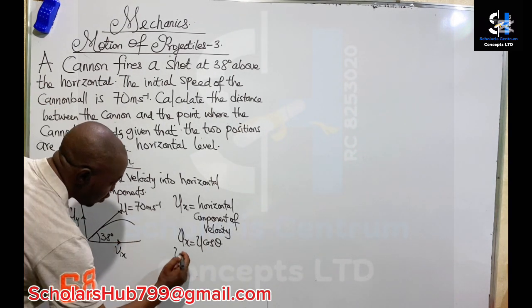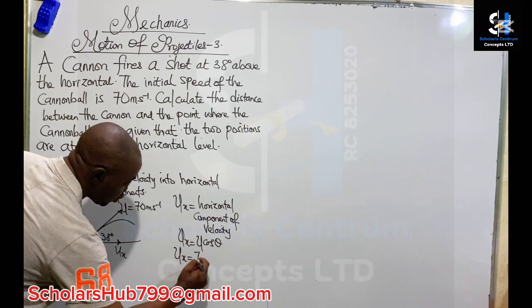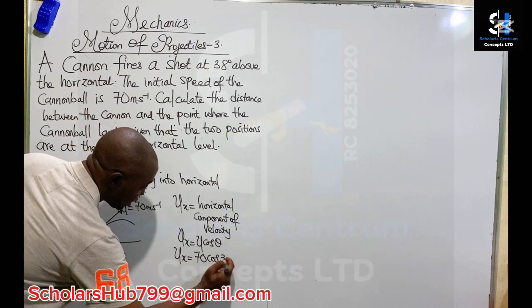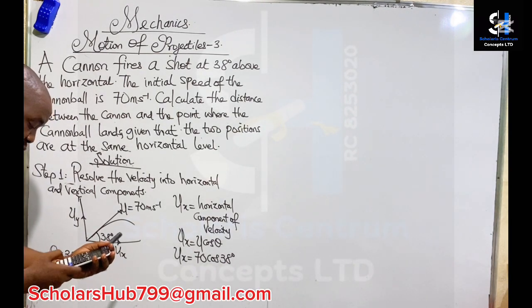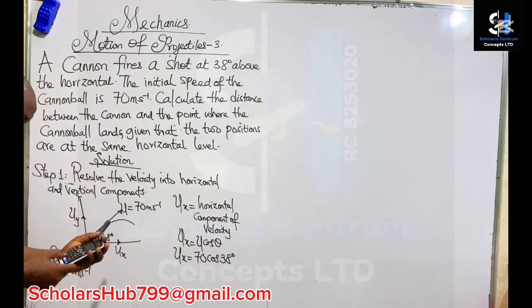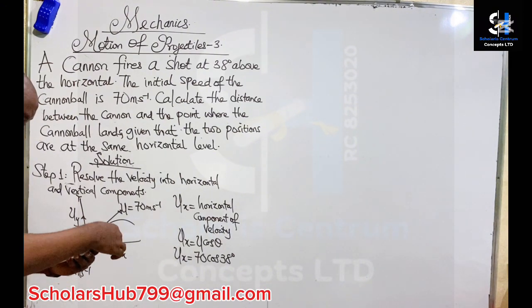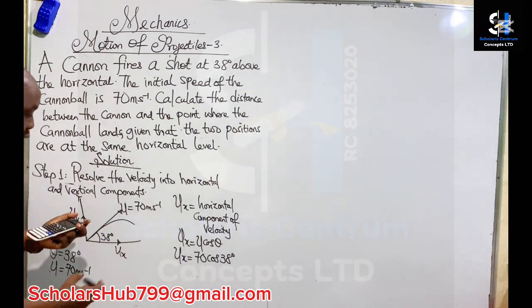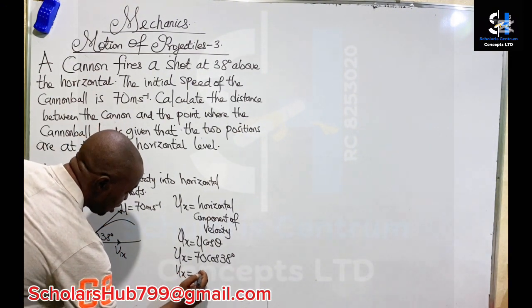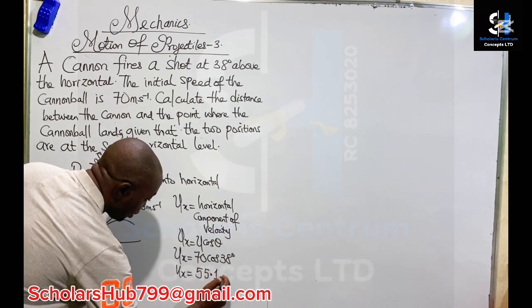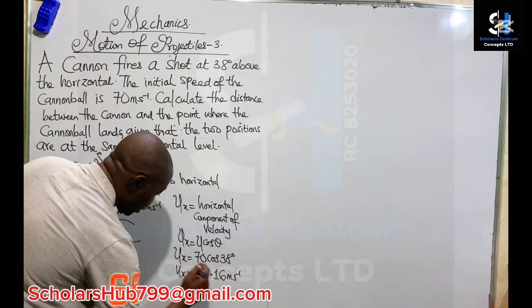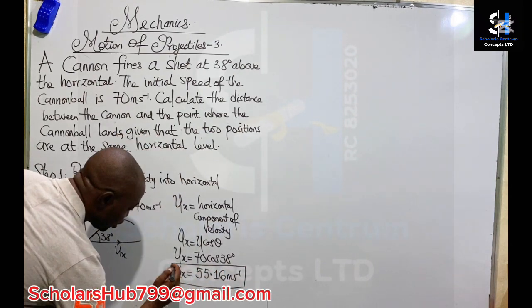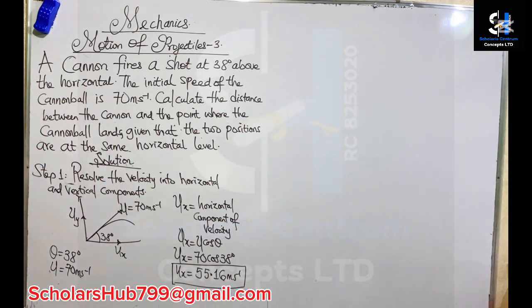So we have ux equals 70 cos 38 degrees, which is 55.16 meters per second. This is the horizontal component of the velocity.